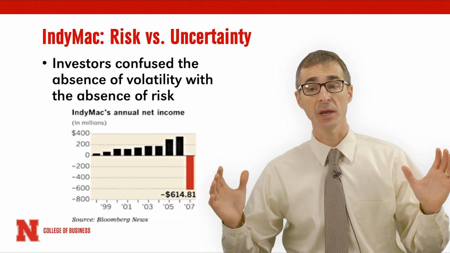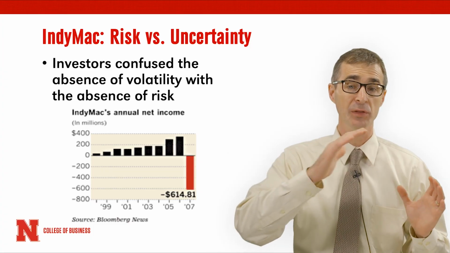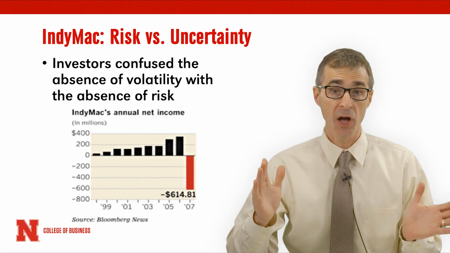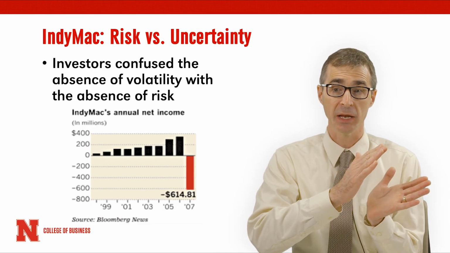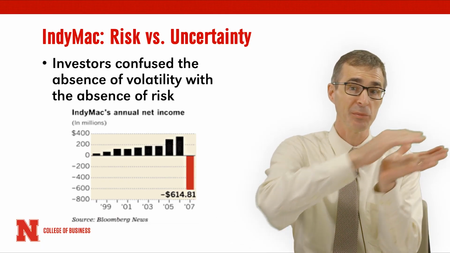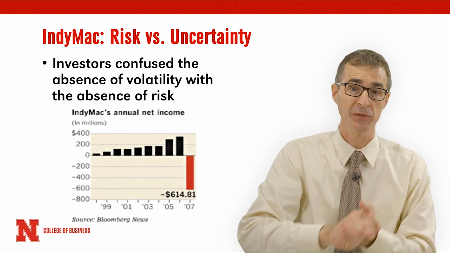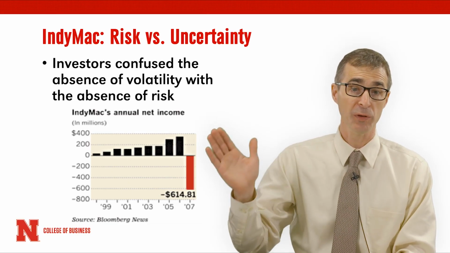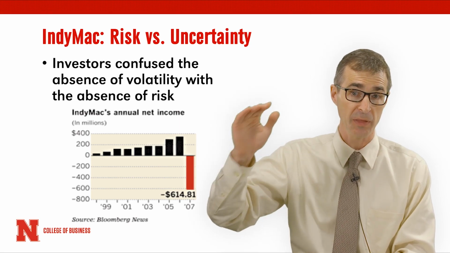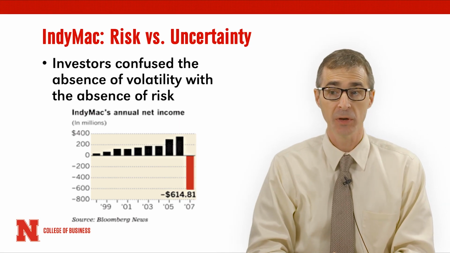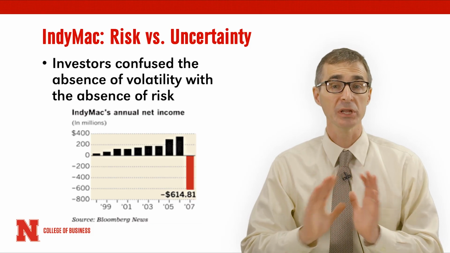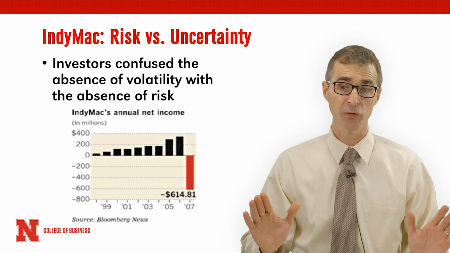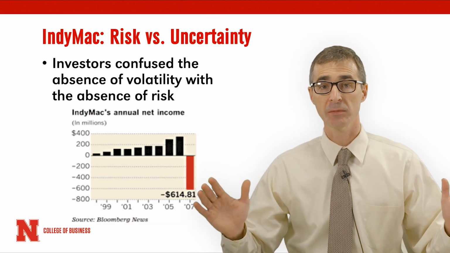If you had asked an economist to forecast IndyMac's annual net income, they would have fit a trend line to the black data and estimated some kind of confidence interval around it, giving an upward sloping projection with a range plus or minus in either direction. The interval would have been relatively small because the variability over this historical period, illustrated by the black increasing profits, was pretty smooth.